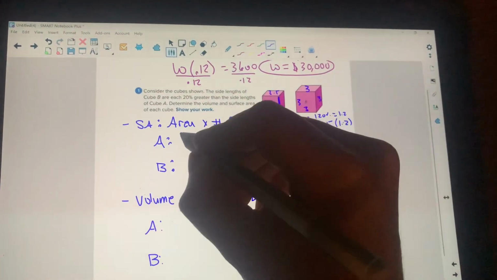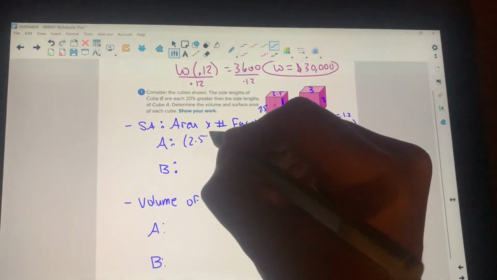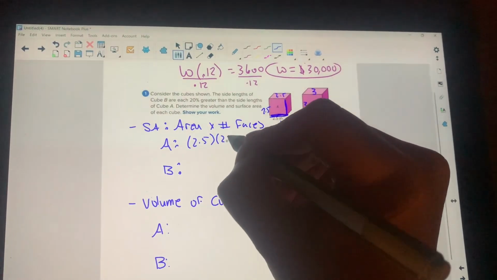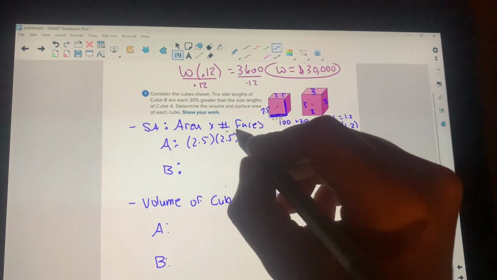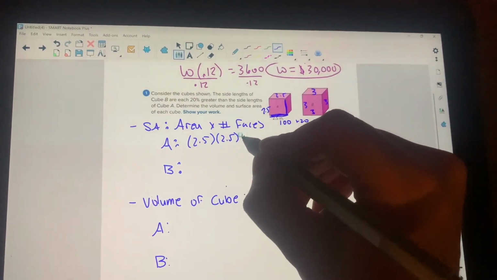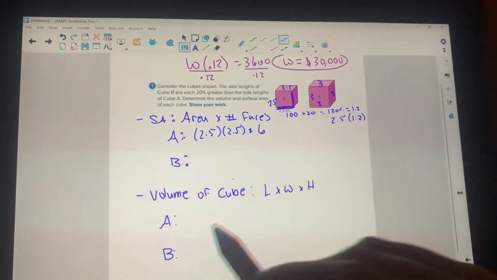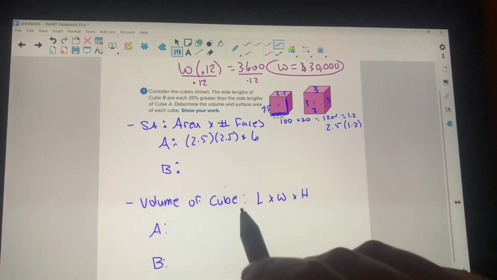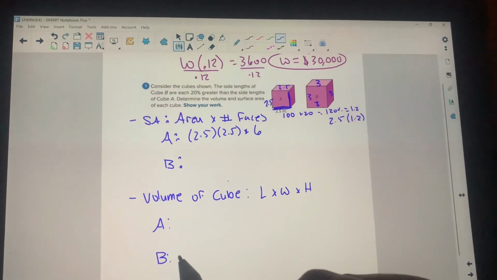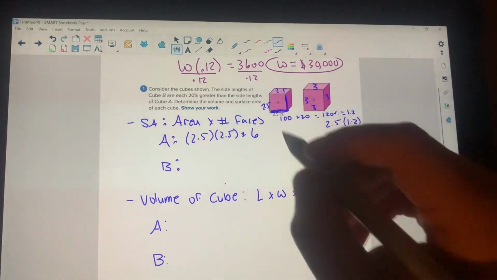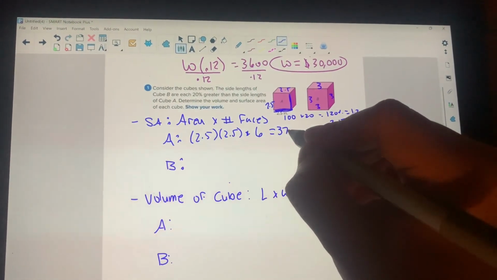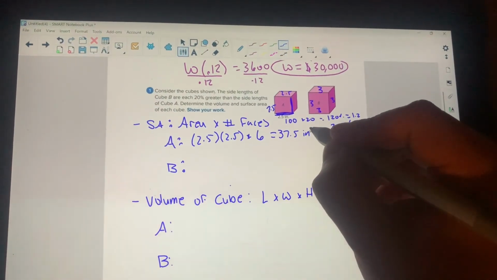So 2.5 times 2.5. And then once I take the area, I need to multiply that by how many faces there are. A cube has 6 faces. So I'm going 2.5 times 2.5 times 6. When I do that, I get 37.5 inches squared.